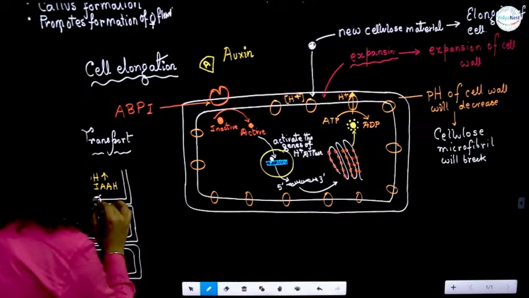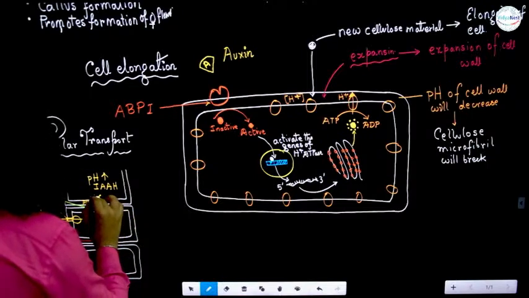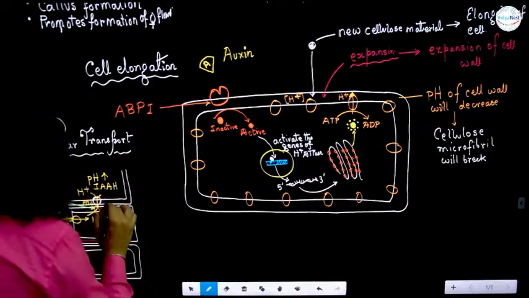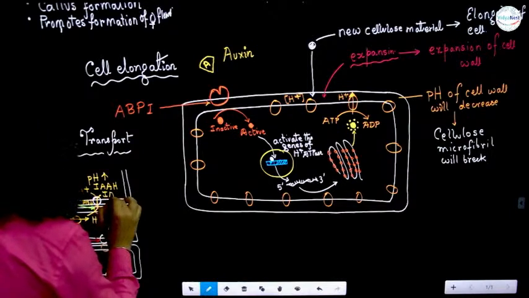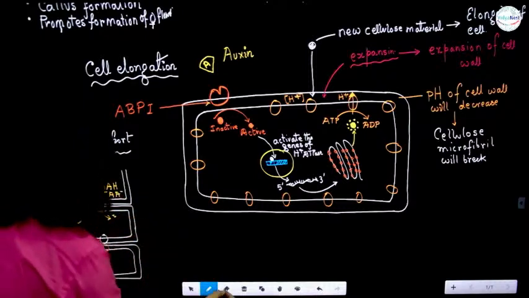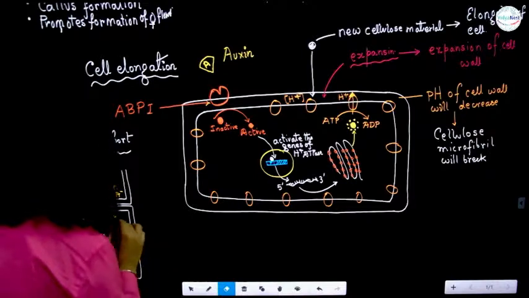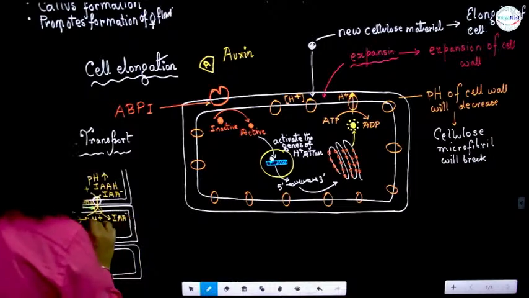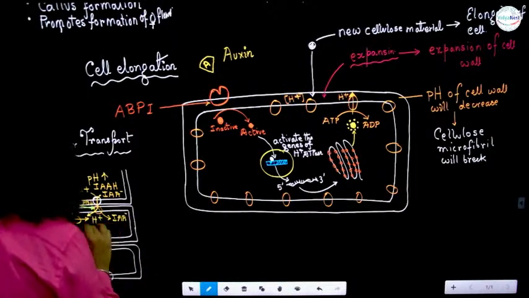So IAA minus will enter over here. Here H plus and IAA minus, and there will be formation of H plus.